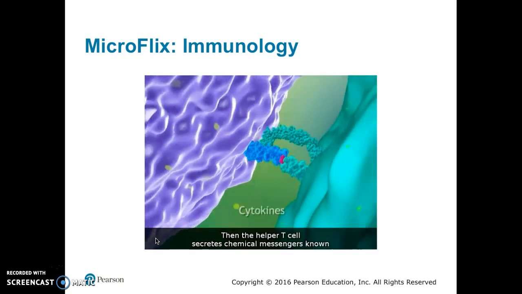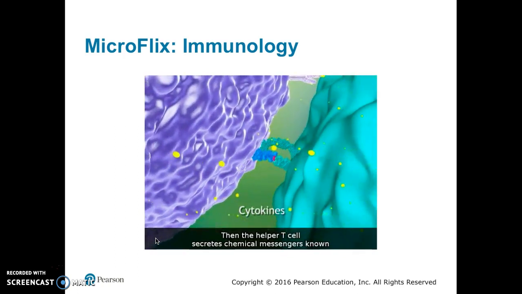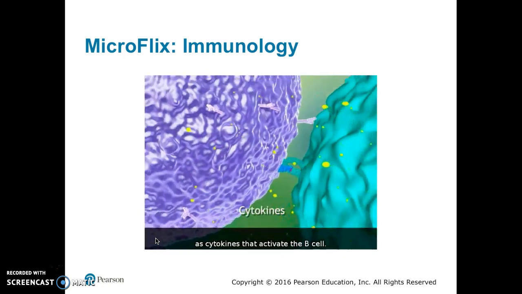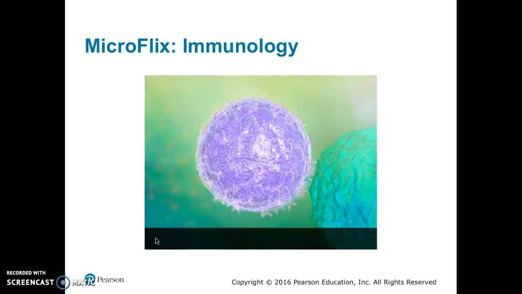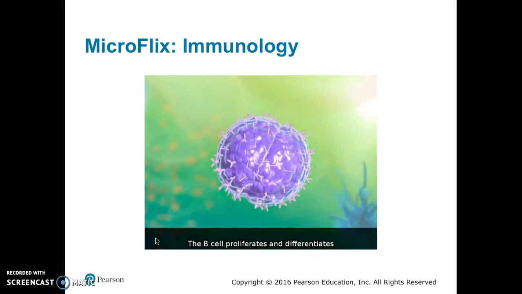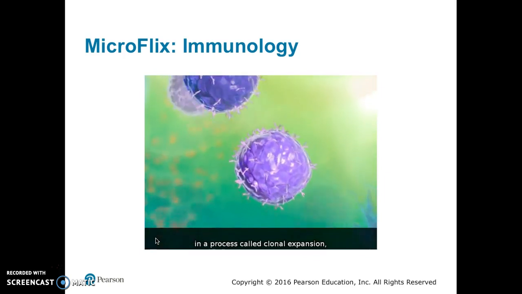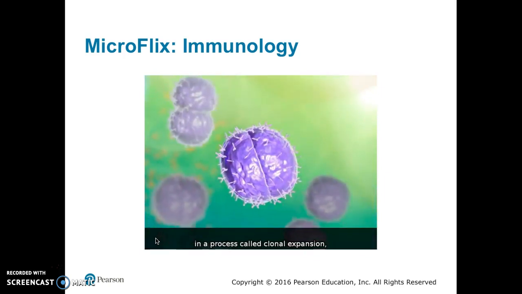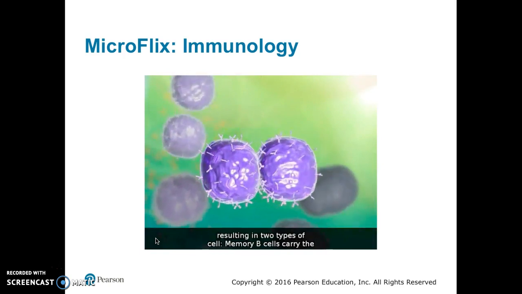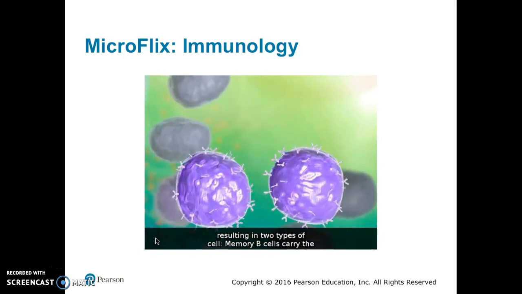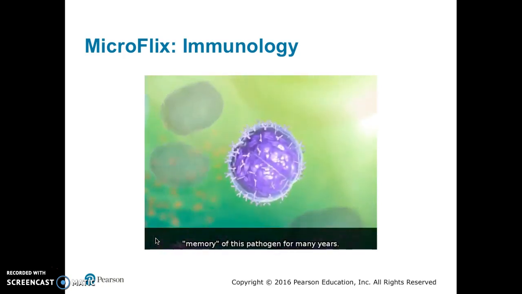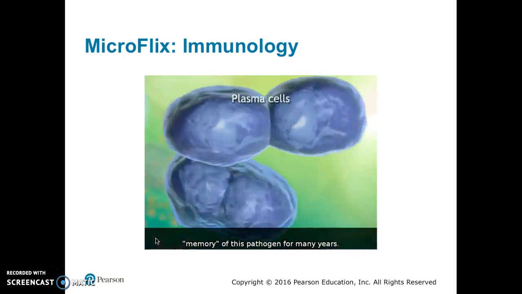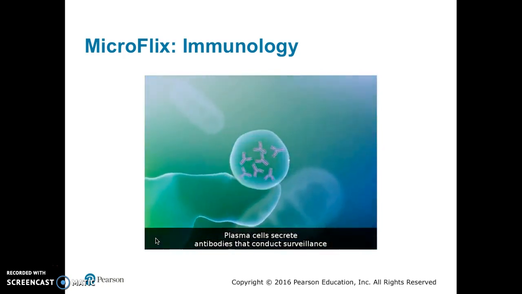Then, the helper T cell secretes chemical messengers known as cytokines that activate the B cell. The B cell proliferates and differentiates in a process called clonal expansion, resulting in two types of cell. Memory B cells carry the memory of this pathogen for many years. Plasma cells secrete antibodies.